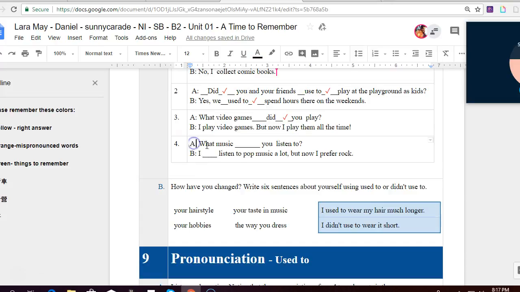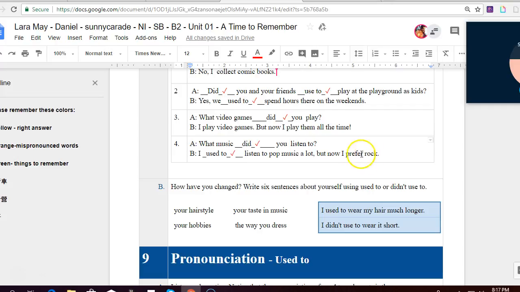Okay, let's move on to number 4. Can you please read letter A? What music did you listen to? Okay, good job. How about letter B? I used to listen to pop music a lot, but now I prefer rock.